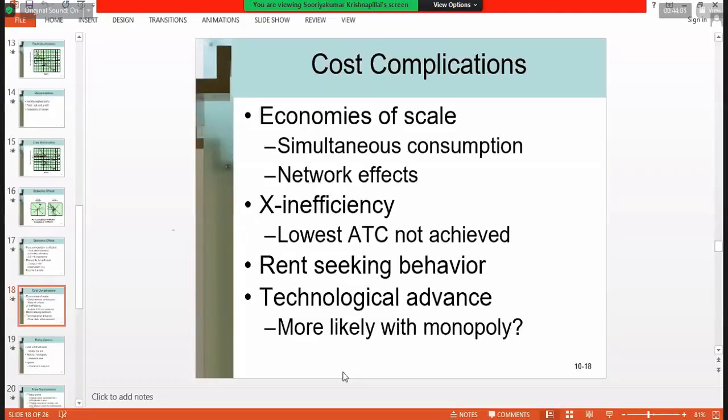The average total cost, say the lowest average total cost for each output level. But they may produce above that lowest cost, at a higher cost, because they are the single producer. So there is no pressure to produce at the lowest cost.